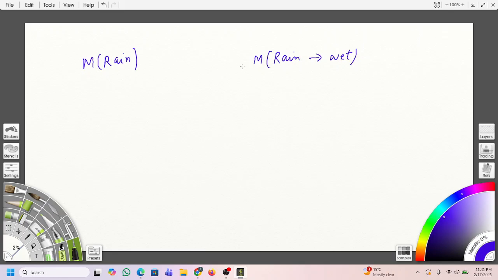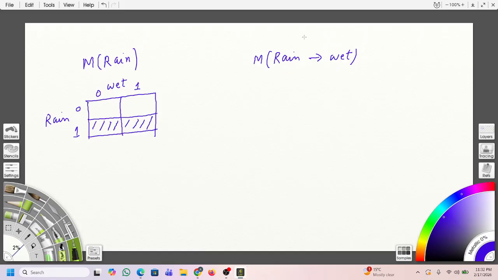Model of rain can be represented like this. Here if it is wet and here if it is rain, then for the model of rain, this is 0, this is 1, this is 0, this is 1. That means there is rain, so the part corresponding to rain being 1 will be shaded. We don't know about wet. It is not mentioned. Only rain is 1.